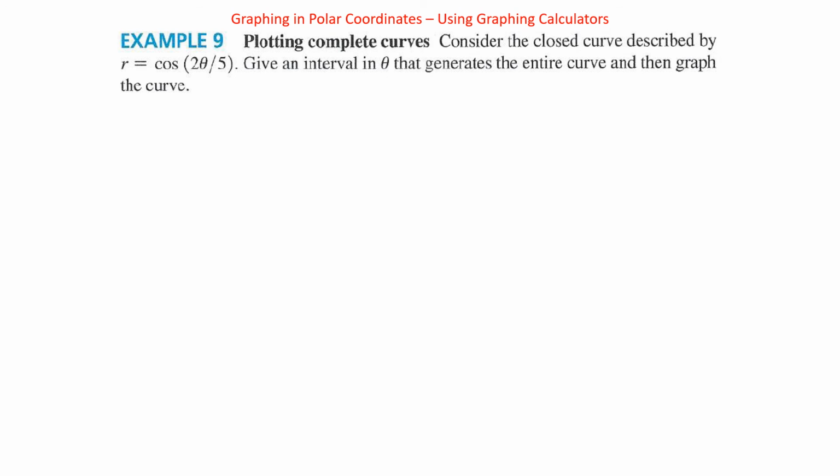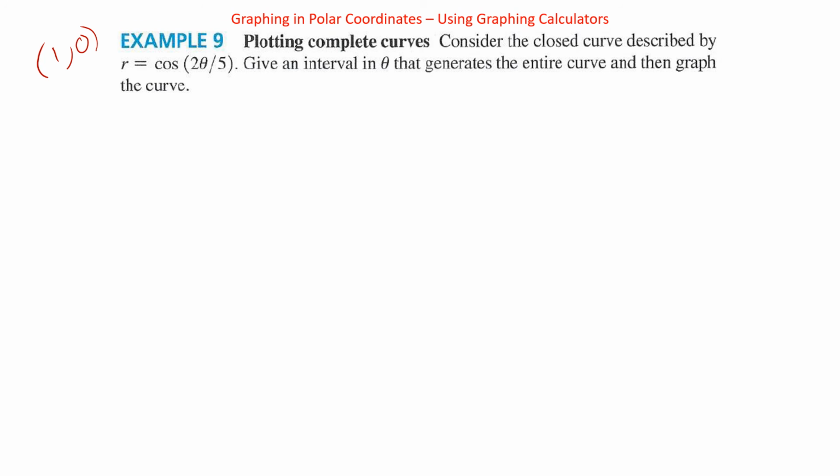So we want the starting point to equal the ending point. The starting point, when theta is 0, cosine of 0 is 1, so r will equal 1. So we're going to want an ending point where we have 1, 0.